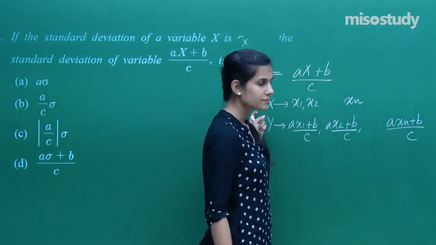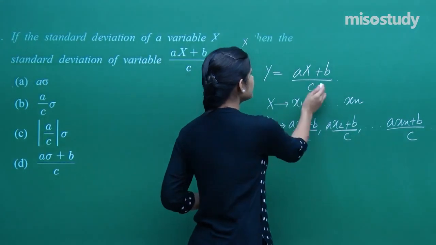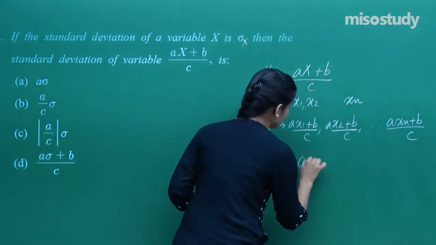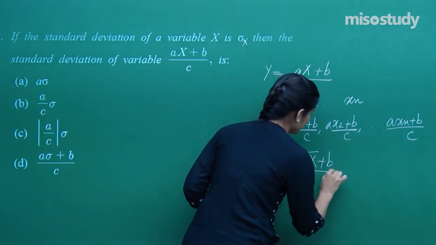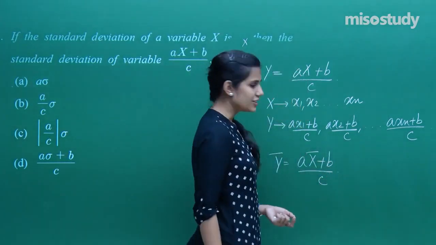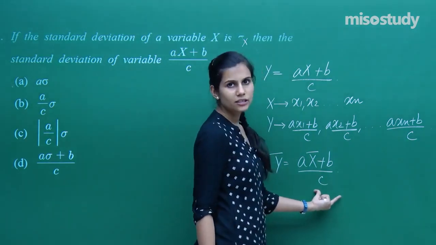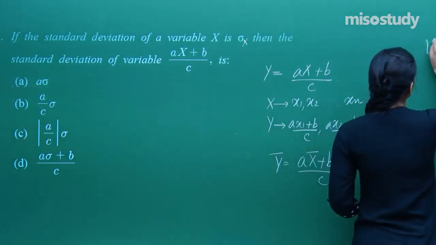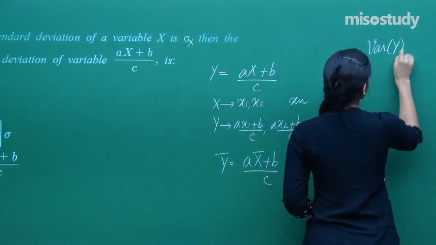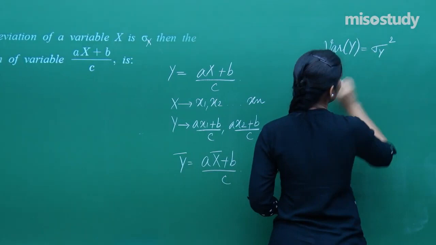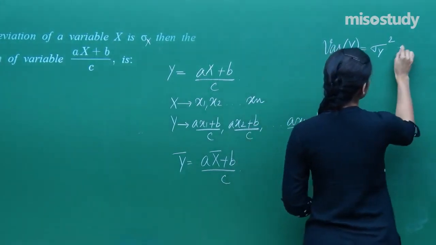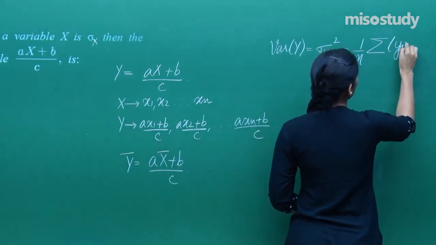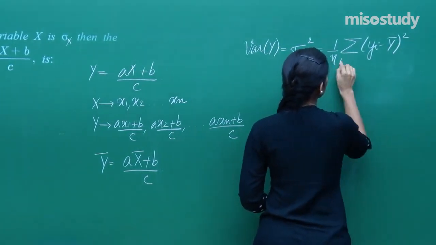That's the meaning. Now again, exactly in the same manner like we did in the last question, y bar is going to come out to be a x bar plus b by c. That is the relationship between the average mean of both these random variables x and y. Then if I talk about variance of y, which is sigma y square, this is equal to 1 by n summation yi minus y bar whole square.